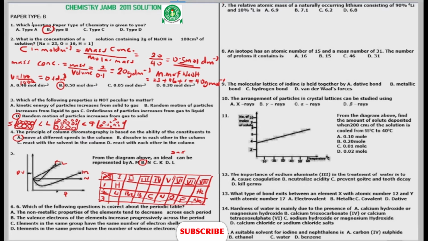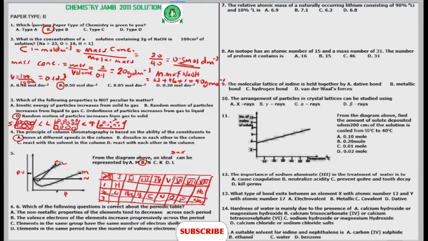Now, which of the following is not correct about the periodic table above? The non-metallic properties of element tends to decrease across each period. Is that correct? Look at this.